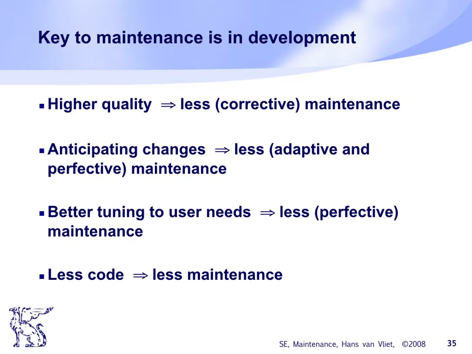The next one is less code. Less code concerns the length of the code. If the length of the code is not manageable, then it will be more complex, and you will have to do more maintenance. What we actually do is build our system from a reusable source, and we just make the changes that we need in that existing system.